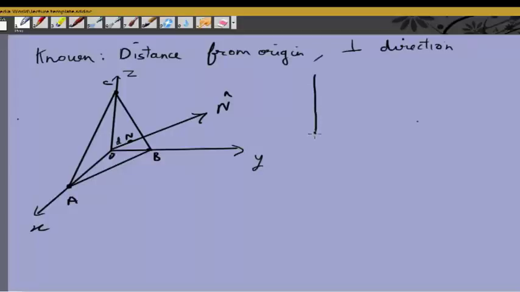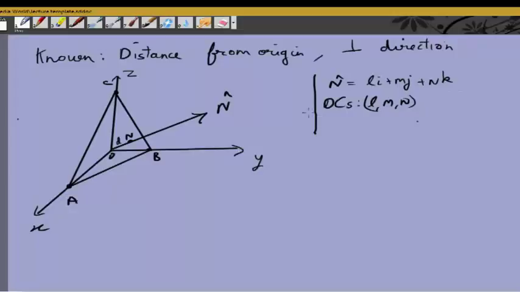Now, by the way, n cap, again, the direction can be given in many forms. If it is given to us to be n cap, let's say that is l i cap plus m j cap plus n k cap, then we already know that l, m and n are the direction cosines. And if this was instead of a unit vector just a random vector, then these three would be the direction ratios.